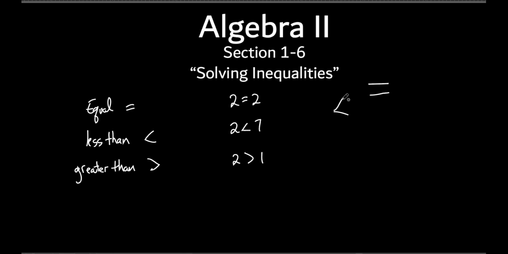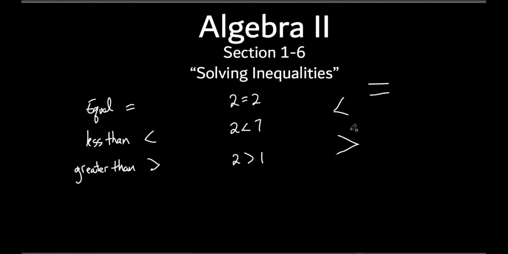But look what we did here. We tilted the top one down here, we tilted the bottom one right here. So what's the distance between these two compared to these two? It's less than. So that's why it's less than. And with greater than, the distance between here and here is bigger than the distance between here and here, so that's greater than.